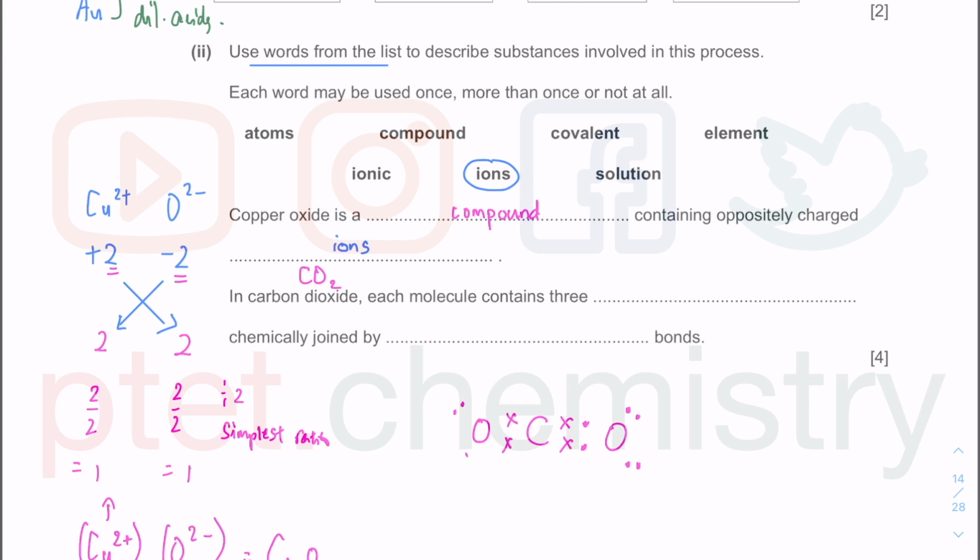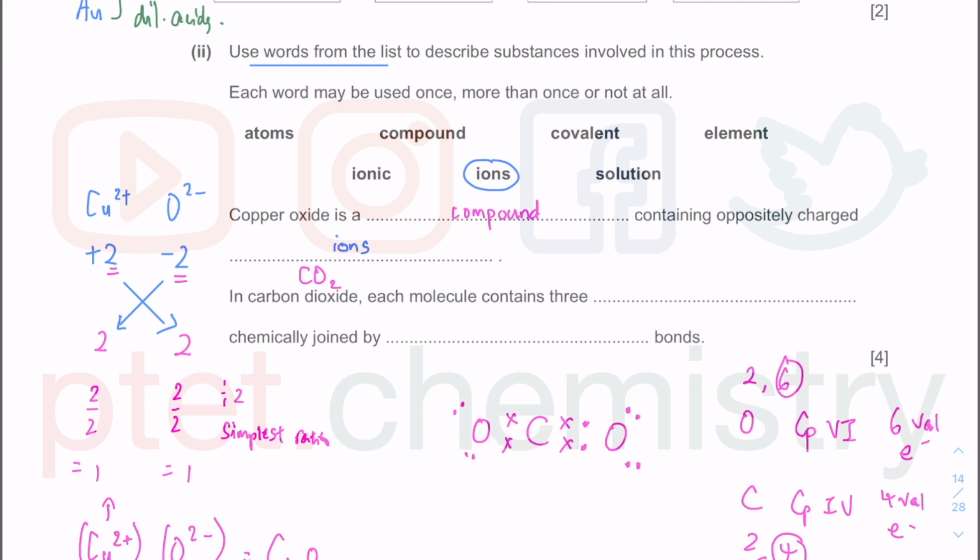We're talking about the outer shell because oxygen is in group 6, it has 6 valence electrons, and carbon is in group 4, it has 4 valence electrons. We are not using the total 6 electrons because carbon is essentially 2, 4, but we just look at the valence electrons, which are the outermost shell electrons for forming covalent bonds. We are not looking at the whole thing. Be very careful about that.